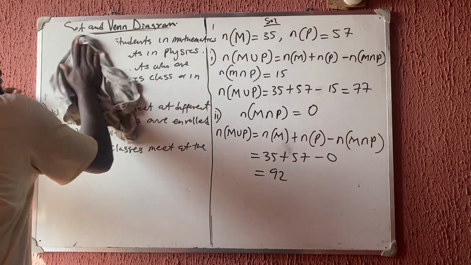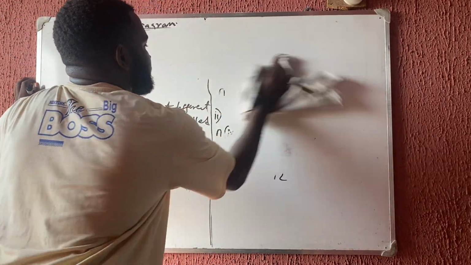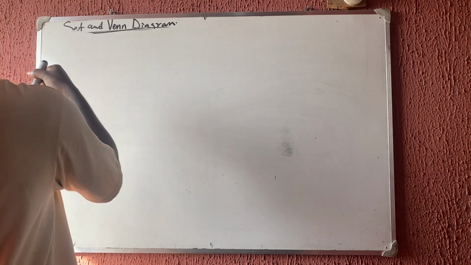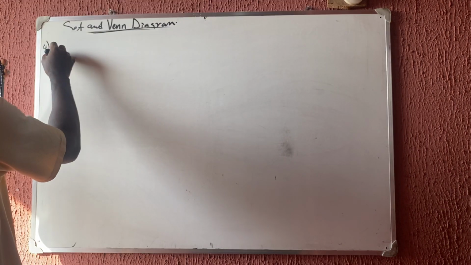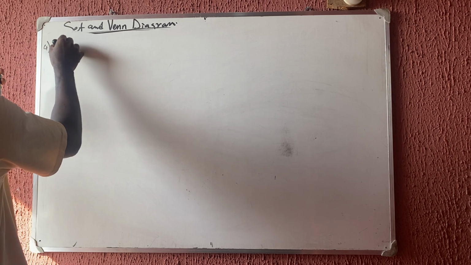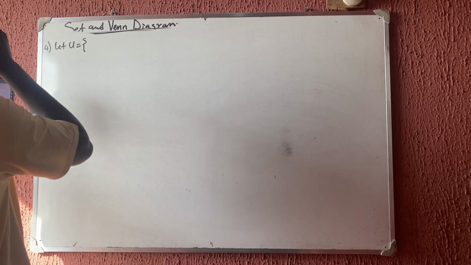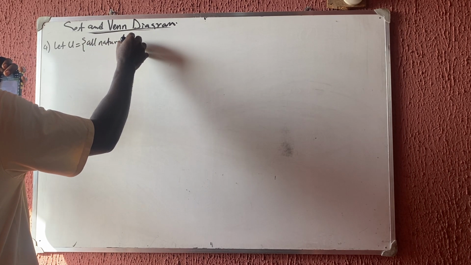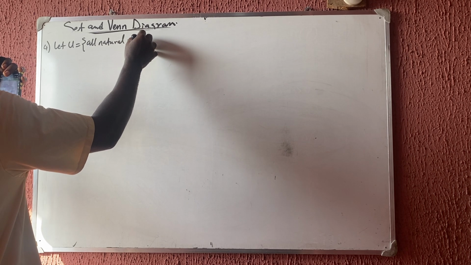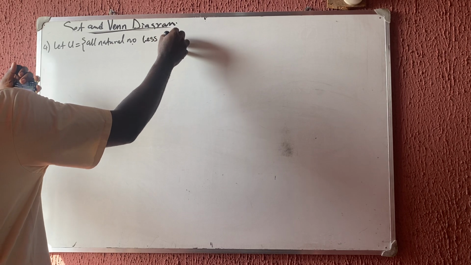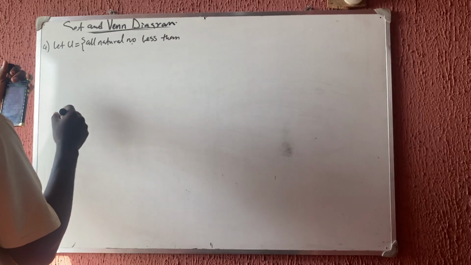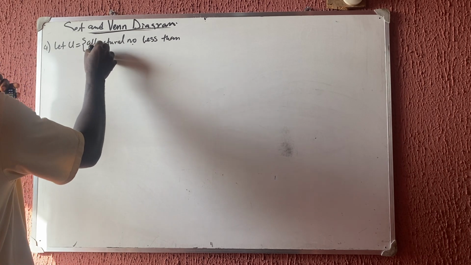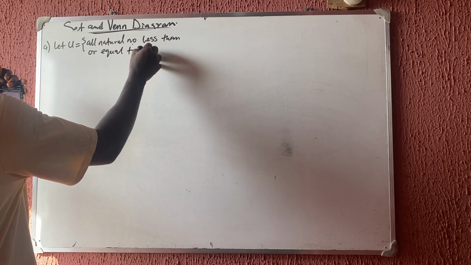Question number 4 said: let U be equal to the set of all natural numbers less than or equal to 30.